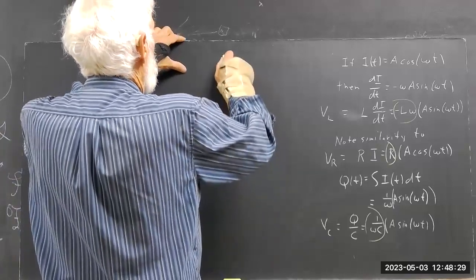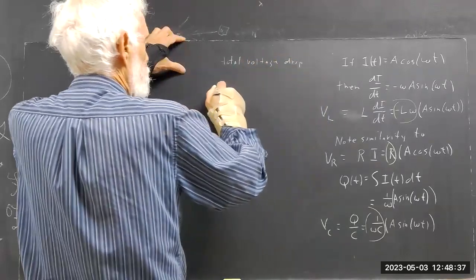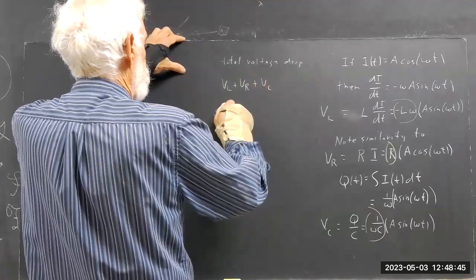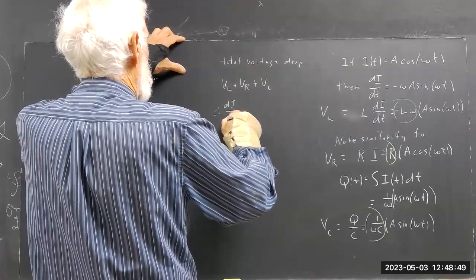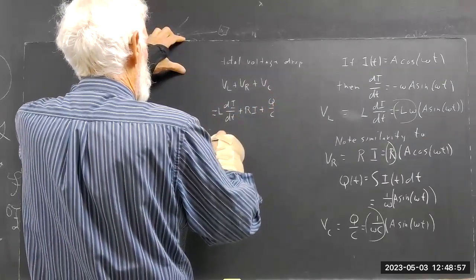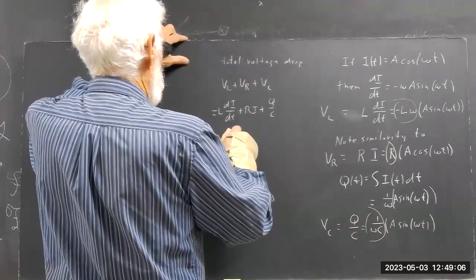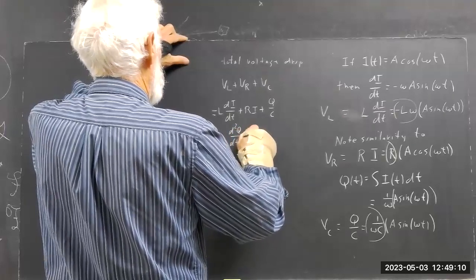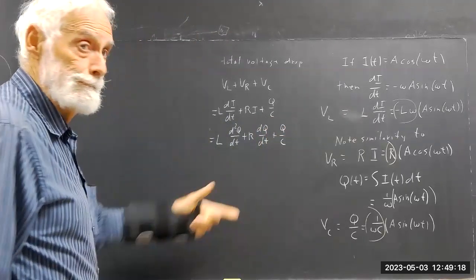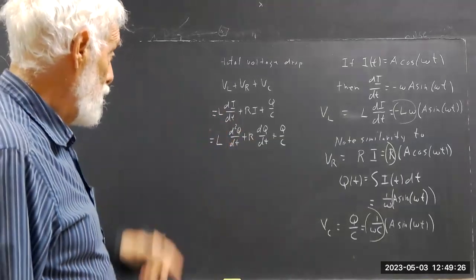And the total voltage drop is V_L plus V_R plus V_C, which equals, we could write it as L dI/dt plus RI plus Q over C. Writing it with one variable function, it's L times the second derivative of Q with respect to t, plus R dQ/dt, plus Q over C. And that's how this LRC series combination behaves. It tells you how it behaves in the circuit.